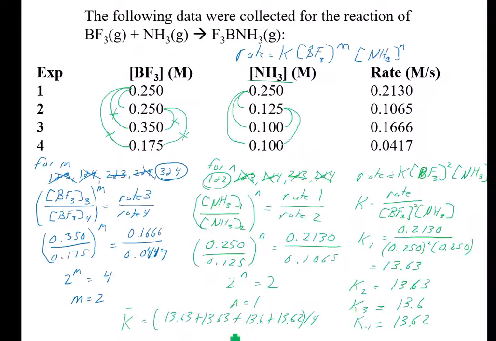So that is equal to 13.62. Okay, so that's a second example of how to determine the rate law and the rate constant for data that is given to you. There will be one more example of this in the next video.